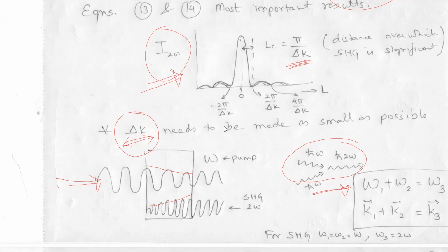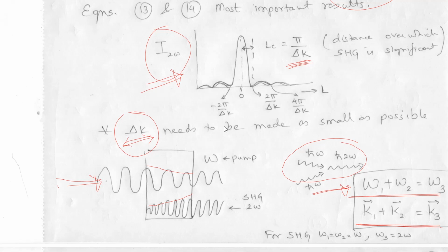So in general, these are wave mixing processes where one could have in principle 2 fields, one at omega 1, another at omega 2, generating a third field at omega 3, in such a way that this condition is satisfied. And simultaneously, it must also satisfy the condition that the k vectors also add up, so k1 plus k2 adds up to produce k3.